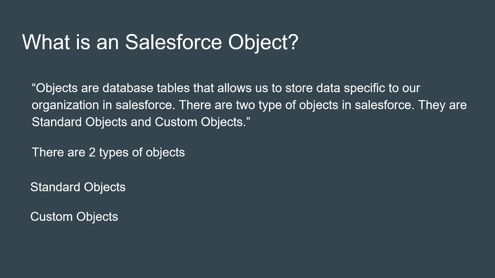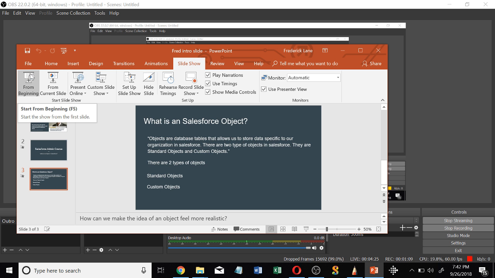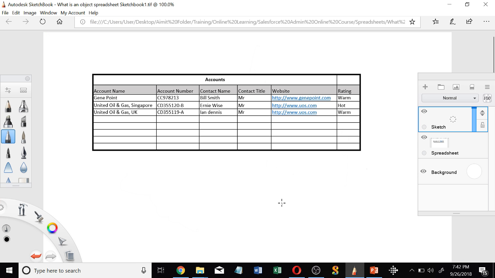But let's try to understand how objects are like database tables. The most common type of database table is an Excel spreadsheet, as demonstrated here. Here's how a table may look. It's made up of columns, headers, and underneath the headers are rows.